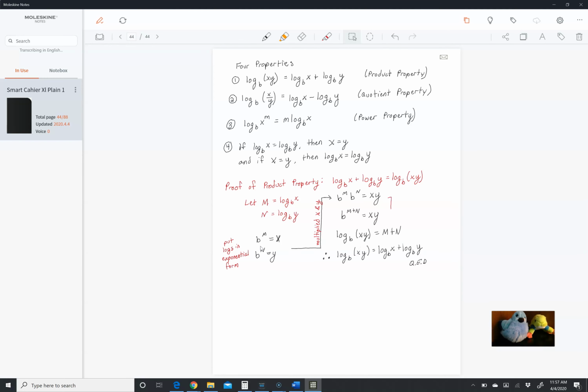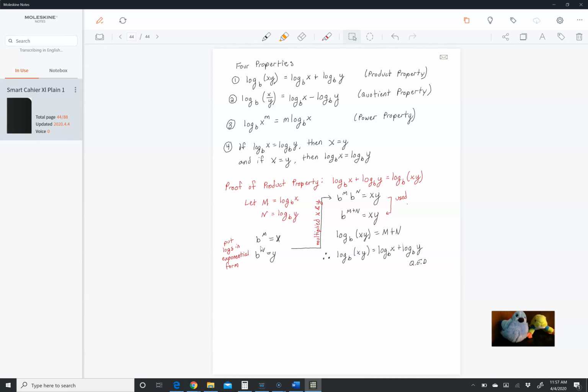From here to here, we used the fact that, I forget how we wrote this. We might have used b to the x and b to the y, so I don't want to use the same thing.